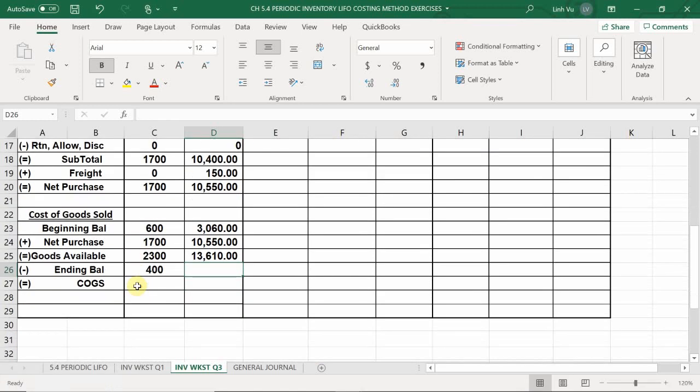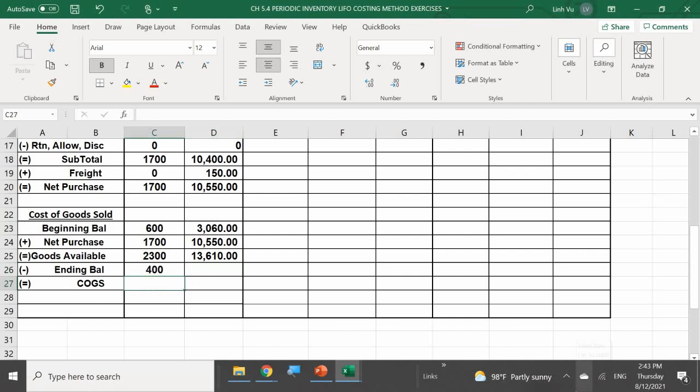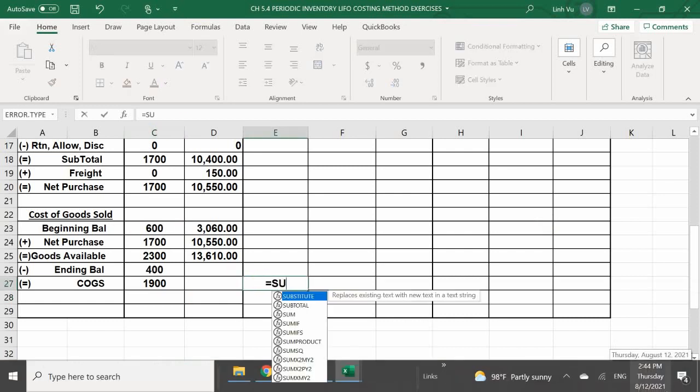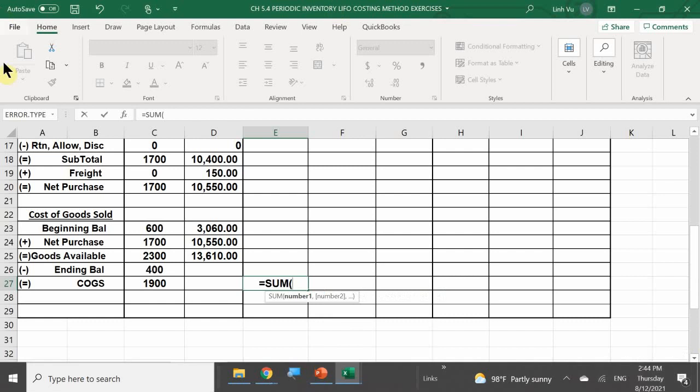Last but not least, we have our ending balance of 400 units. So our assumption here is we have sold a total of 1,900 units. Once again, I'm going to build my little equal sum table right here just so that I have a running balance.